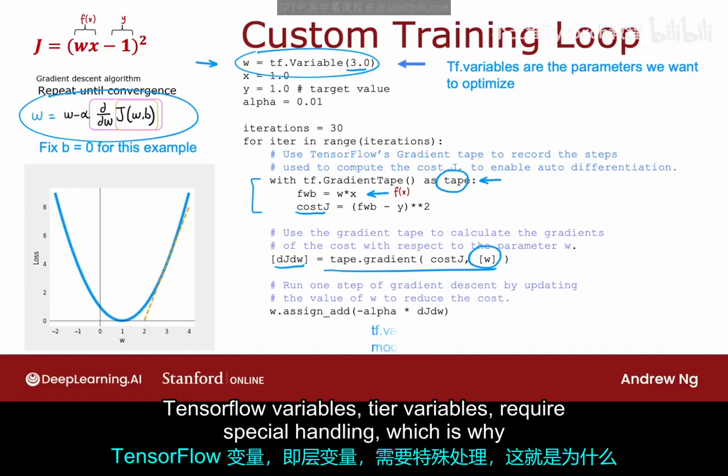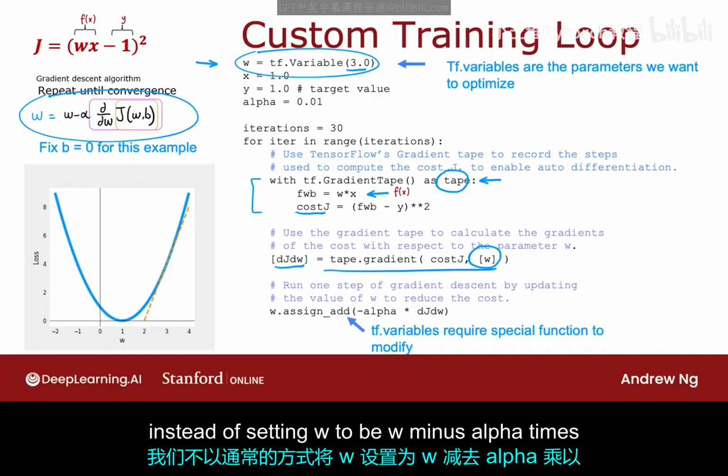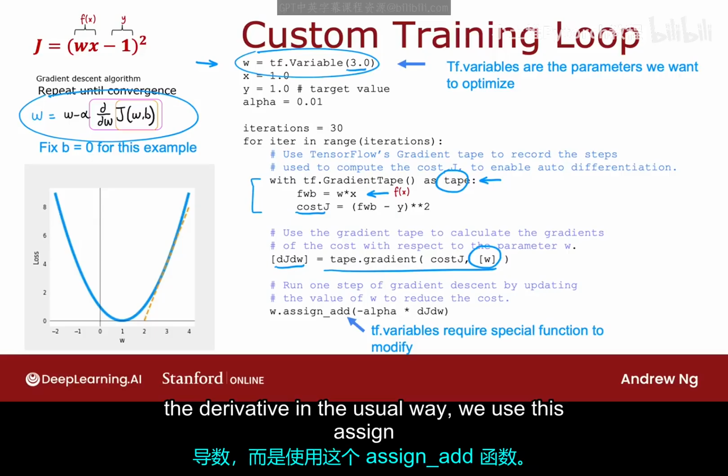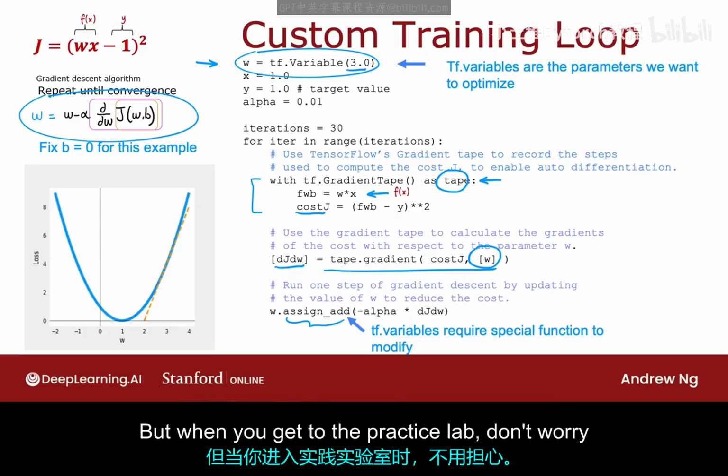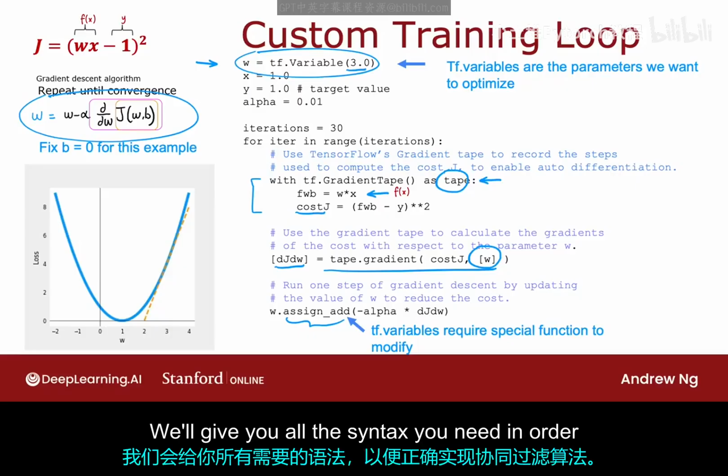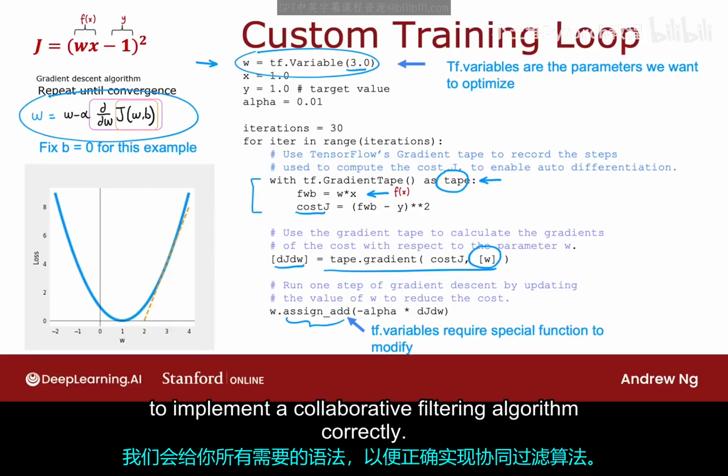TensorFlow variables require special handling, which is why instead of setting w to be w minus alpha times the derivative in the usual way, we use this assign_add function. But when you get to the practice lab, don't worry about it. We'll give you all the syntax you need in order to implement the collaborative filtering algorithm correctly.